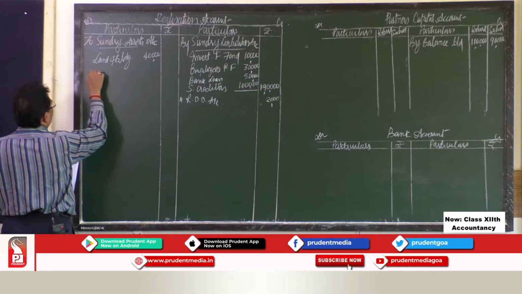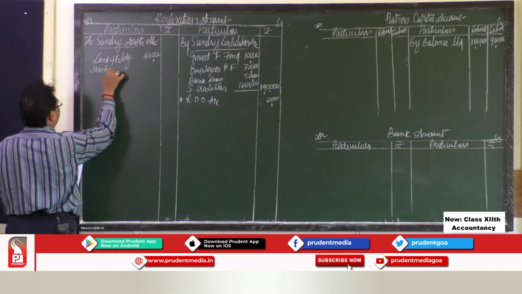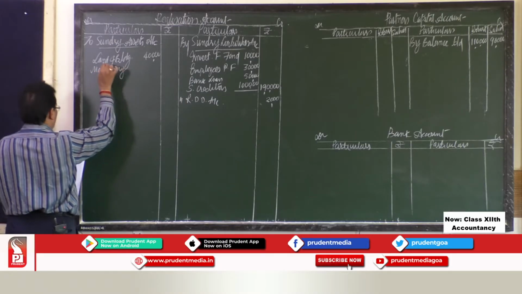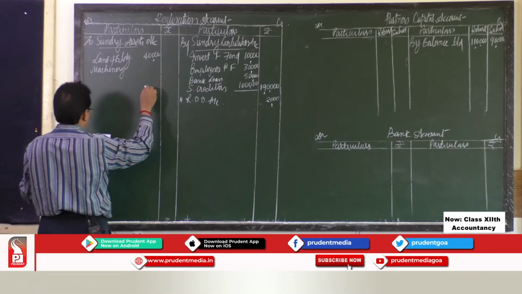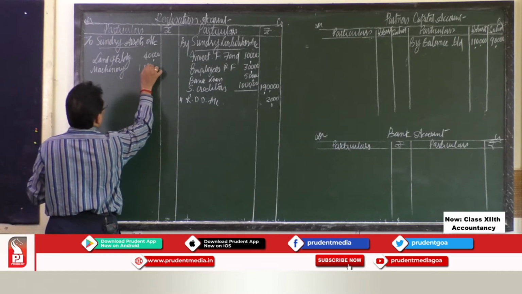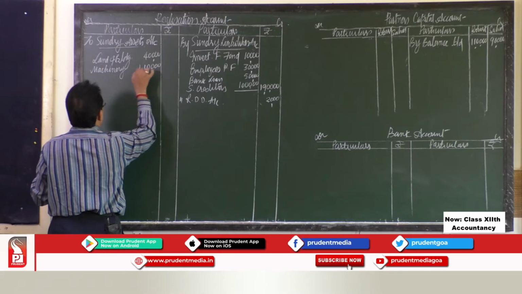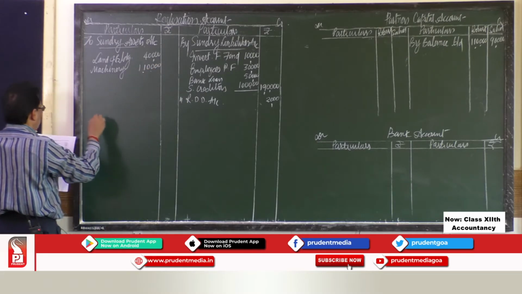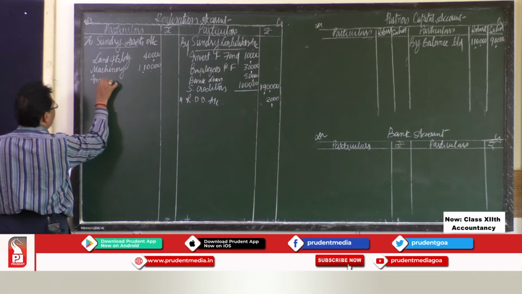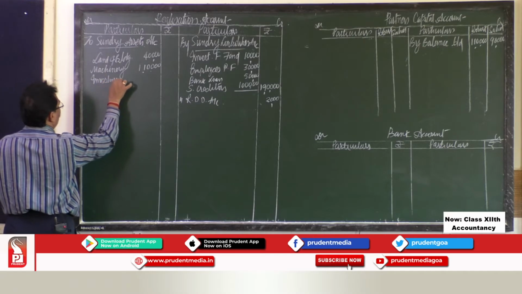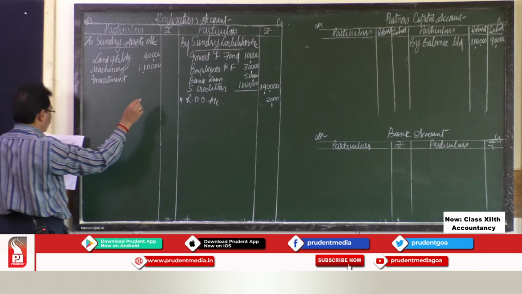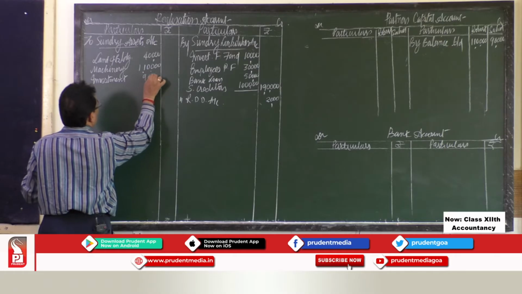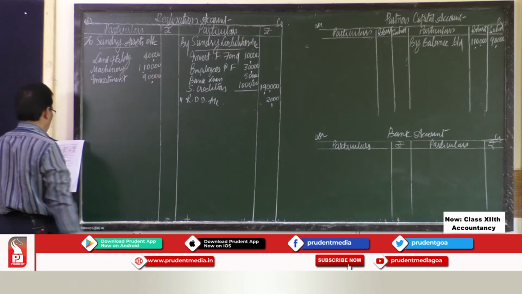Then we have machinery rupees 1,10,000. Then investments rupees 90,000.